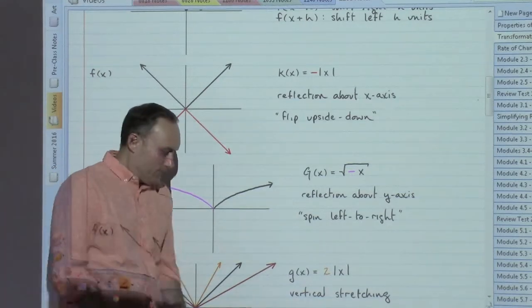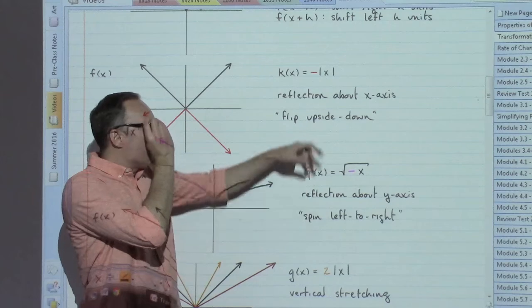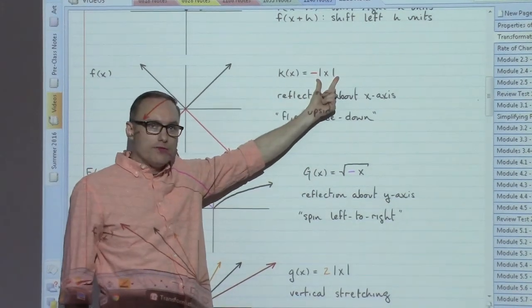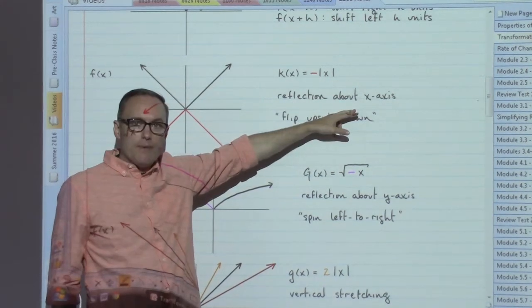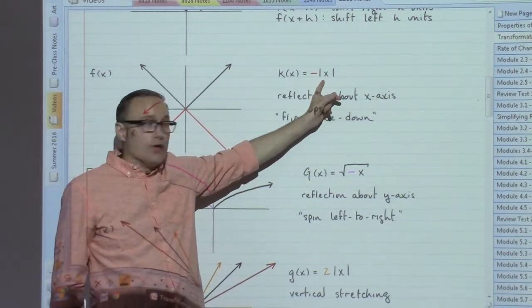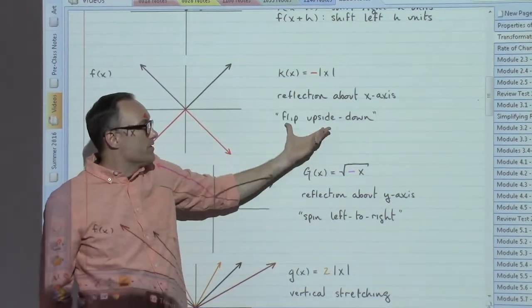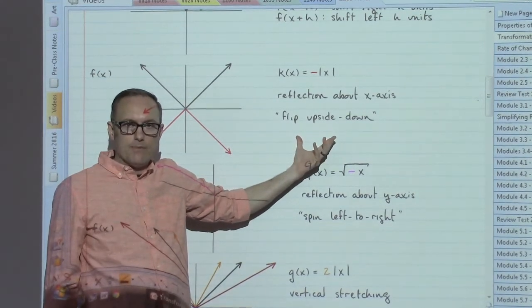If we have a negative that is out in front of our basic graph, basic function, then that's going to be our reflection about the x-axis. The original y values get changed to the negative versions, the opposite versions. Conversationally, flip that sucker upside down.